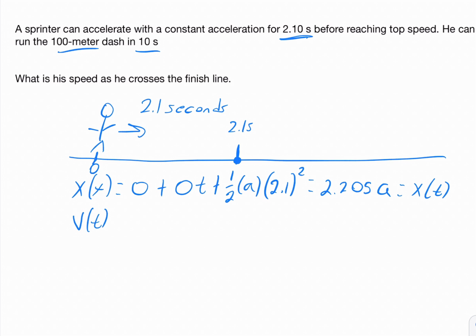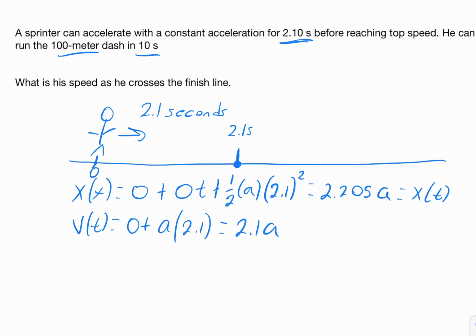That's going to be v of t. That's going to be the initial velocity, which is 0, plus your acceleration times the time, 2.1 seconds. This is just going to be 2.1a. This is the velocity at 2.1 seconds when he finishes accelerating.